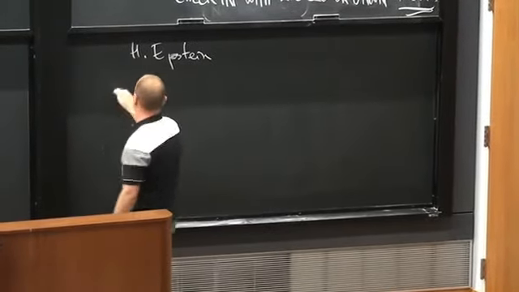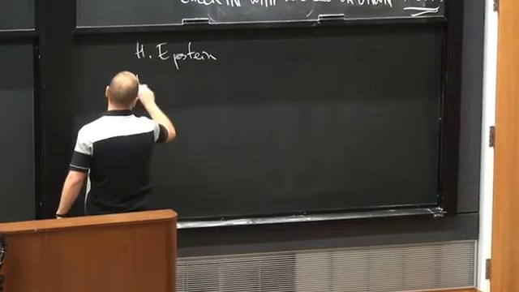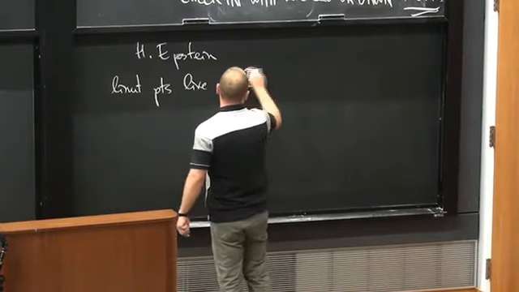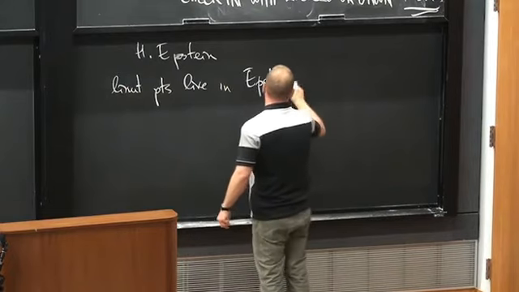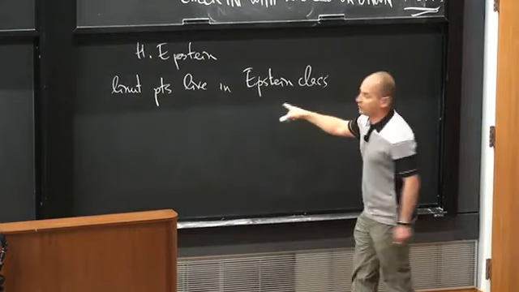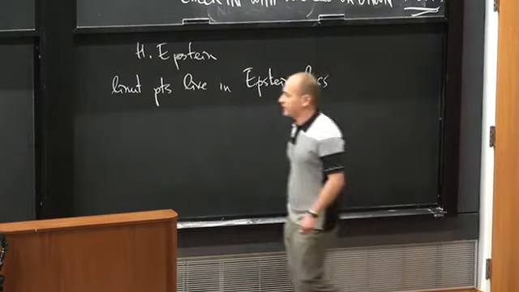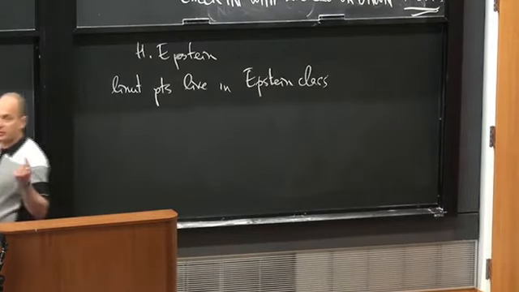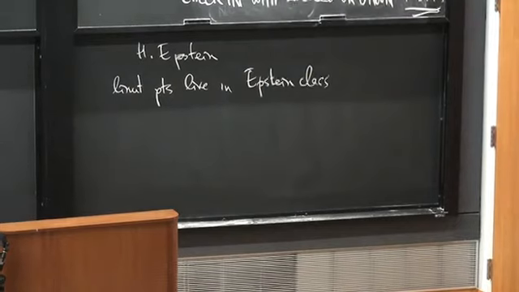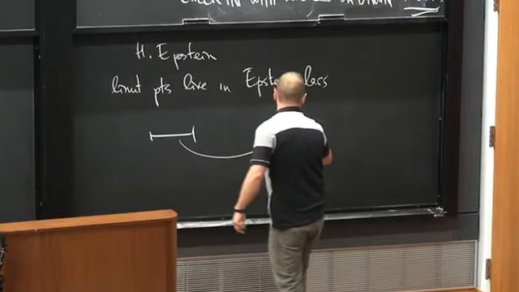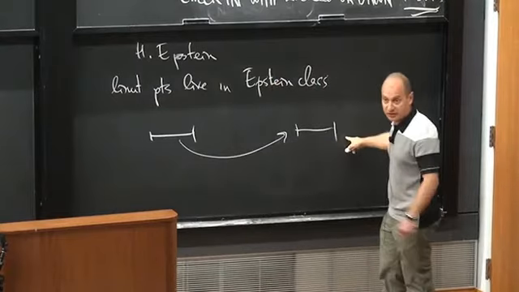So the limit points live in what's known as the Epstein class. First of all, these maps are analytic. They're real analytic, and they have very nice complex analytic extensions. Remember, these are maps of intervals. So on the real line, you just take an interval, and the map would map it to some other interval.